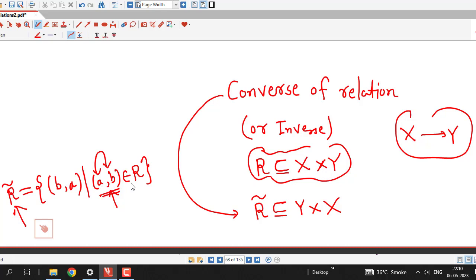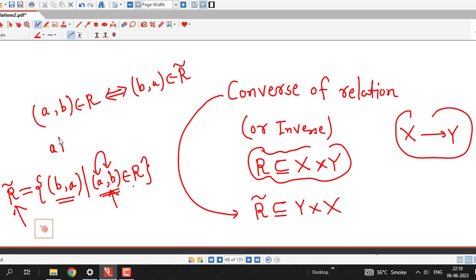So if (A, B) is an element of R, then (B, A) is an element of the converse of R. In other words, (A, B) belongs to R if and only if ordered pair (B, A) belongs to the converse of R.